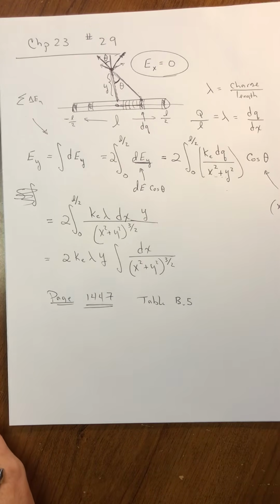Wow, that's an incredible integral. Or look at this one: what is the integral of the secant function? It is the natural log of the tangent of x over 2 plus pi over 4.